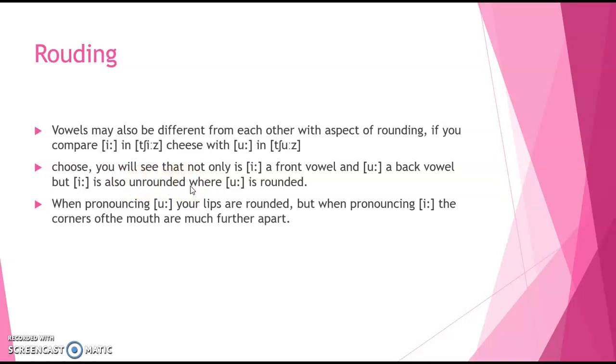When pronouncing the rounded vowel, your lips are rounded, but when pronouncing the other, the corners of the mouth are much further apart.